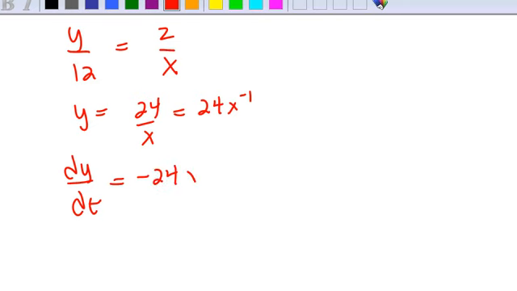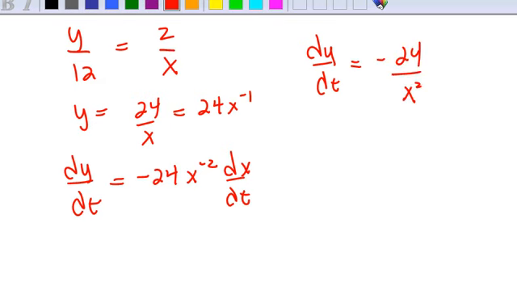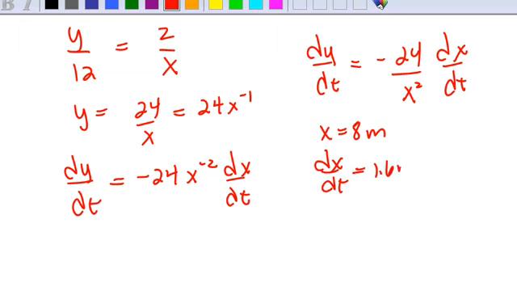If I change this to 24x to the negative 1, it would be negative 24x to the negative 2 times dx by dt. Rewriting that, dy by dt equals negative 24 over x squared times dx by dt. I want to figure this out when x was 8, when he was 8 meters from the wall, and dx by dt was 1.6 meters per second.